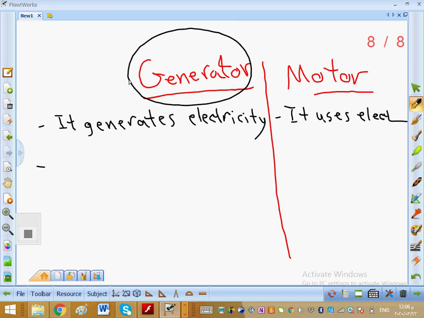It changes which form to which form? Because the generator generates electricity by motion, it changes mechanical or kinetic energy into electrical energy.